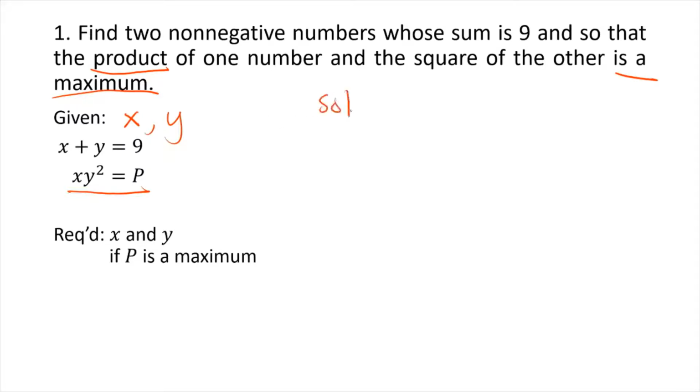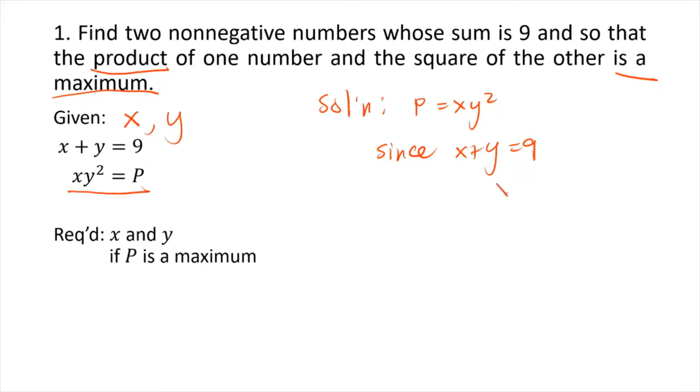To start the solution, let's take the primary equation, p equal to x y squared, and notice that it is defined in terms of two independent variables, x and y. This is now where we use the secondary equation, which is x plus y equal to 9. Since x plus y equals 9, then we can either isolate x or y.